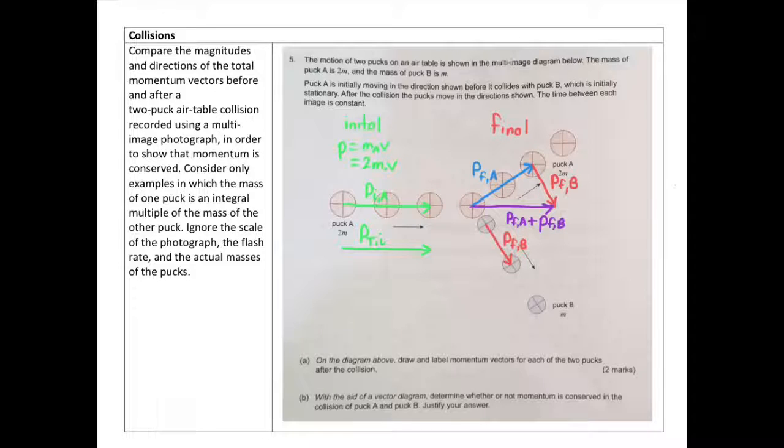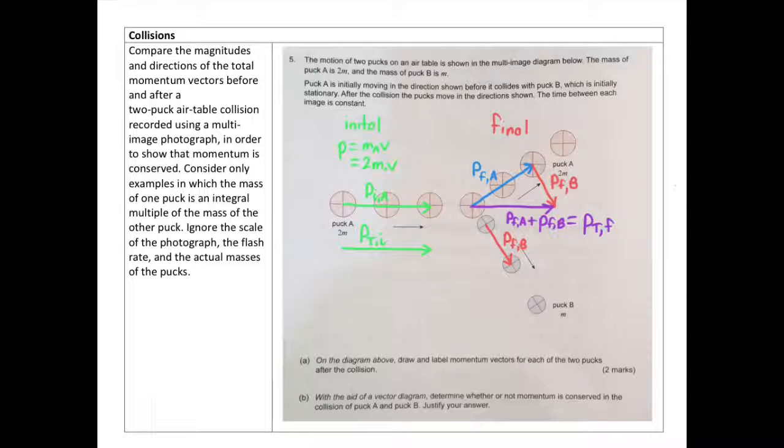Now I haven't put little vector arrows above each of these. I did get a question in class about this. If you're drawing vectors, you clearly understand they're a vector, so it's probably not critical. Makes my diagram look a bit neater as well. So if we look now, that's equal to our final total momentum. So if we look now, our total initial momentum is equal to this purple vector for our total final momentum.